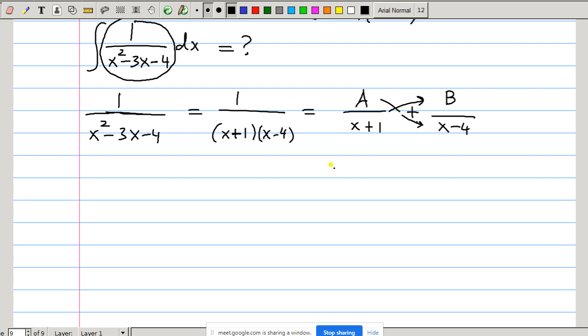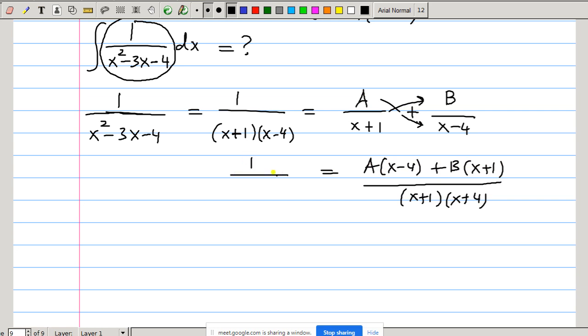So A gets multiplied by x minus 4, B gets multiplied by x plus 1, and then the LCM is the whole (x plus 1)(x minus 4). So on the left side we have 1 over (x plus 1)(x minus 4). So it means I can cancel them. You see, they are the same thing, so cancel. So I got 1 is equal to A(x minus 4) plus B(x plus 1). These are only two things.